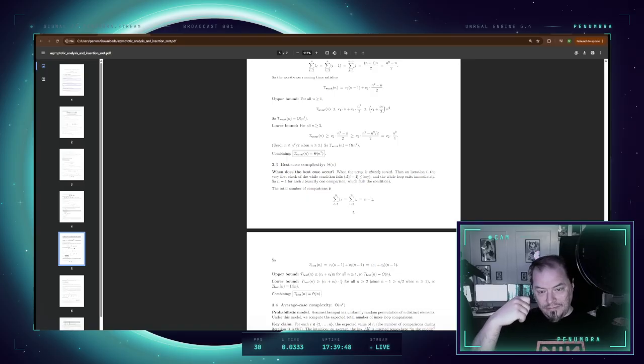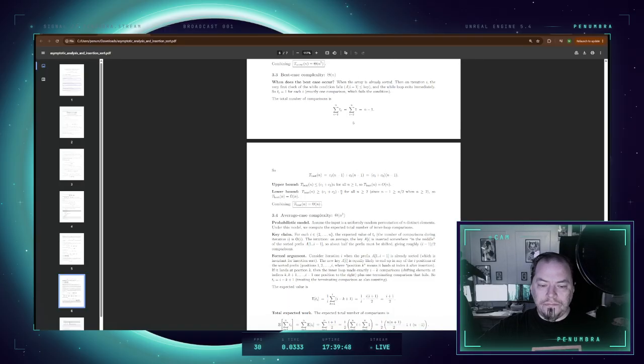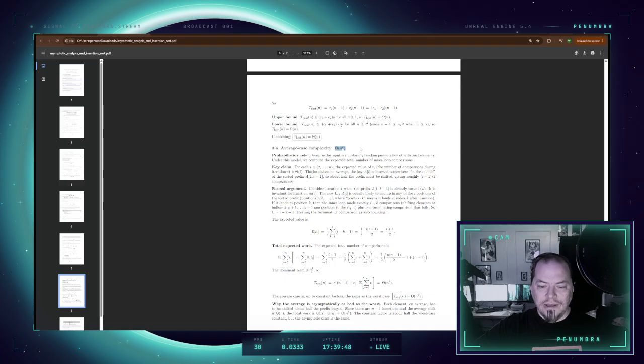If you just happen to pick the right element, yeah. So this is just proving that for the best case complexity, you still have to go through every single element in the set and just show that it's already sorted.